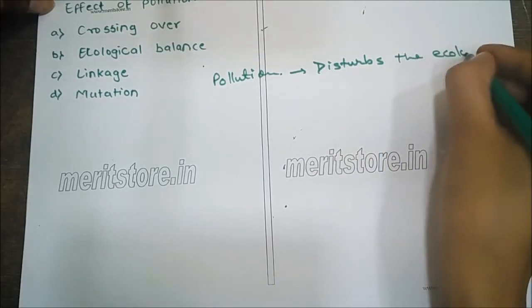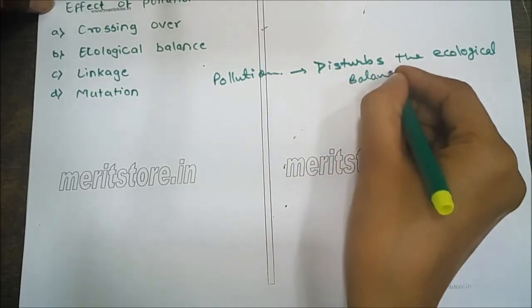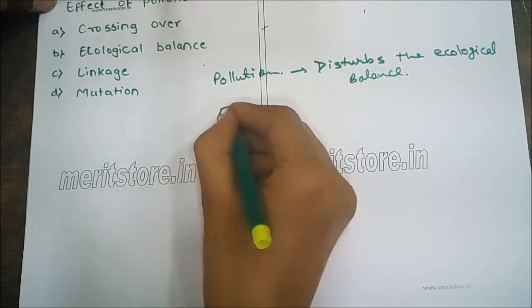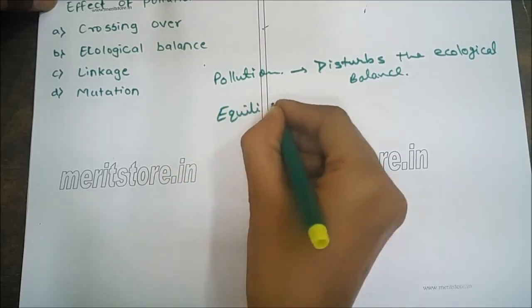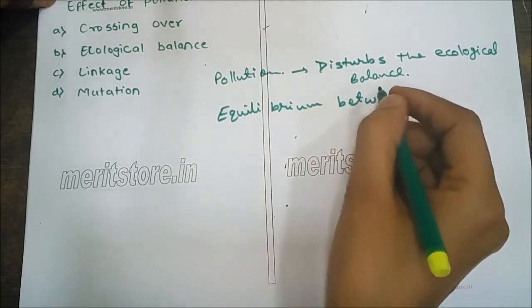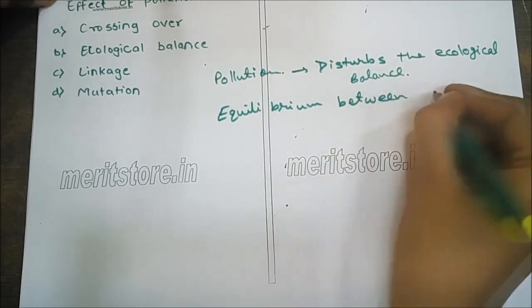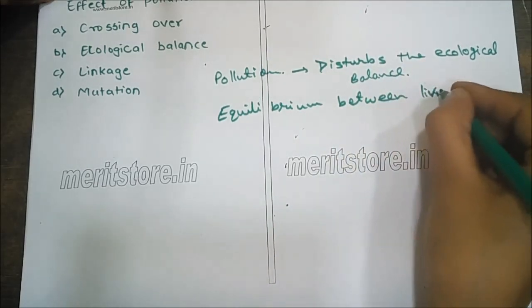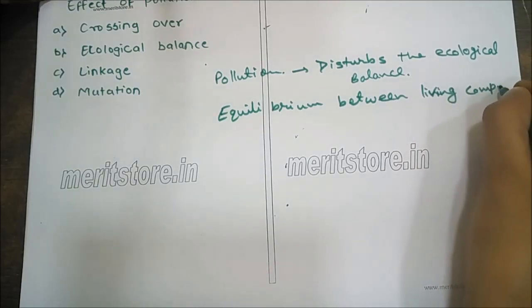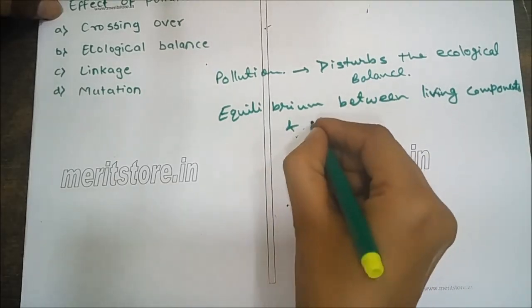There is an equilibrium between living organisms and ecosystems, living components or organisms and ecosystem.